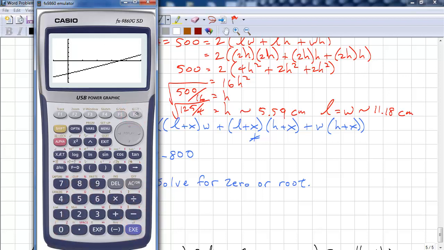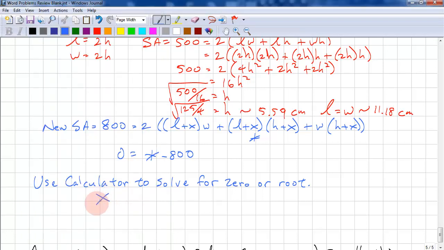And go ahead and draw, and we have a solution. G-solve, we're solving for the root, and that's 3.517. So that's approximately 3.52 centimeters.